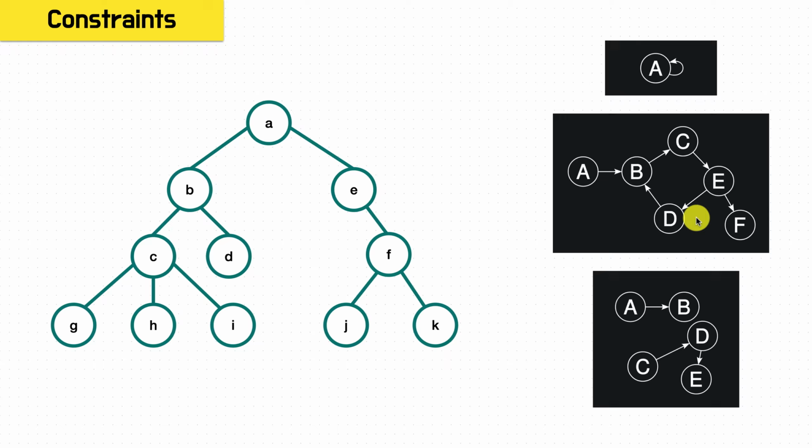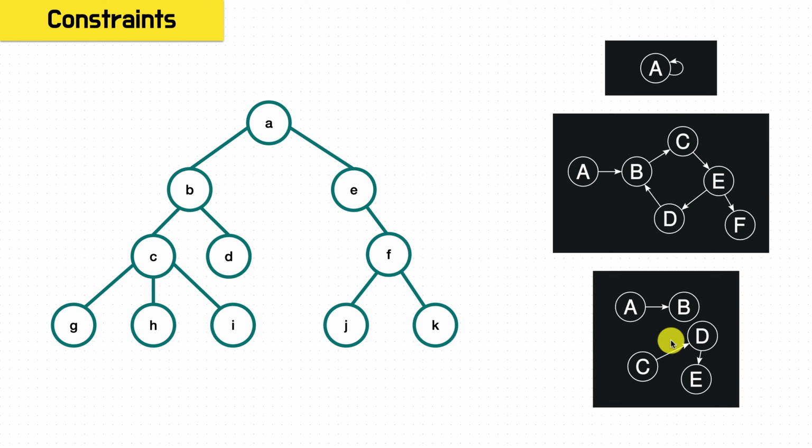This second picture isn't a tree because we see the node B has two parents, A and D, but in a tree, nodes can only have at most one parent. We also see that D is on B's path, so a child can't point to an ancestor as a parent as well. So for this to be a valid tree, we would need to remove the edge between D and B.